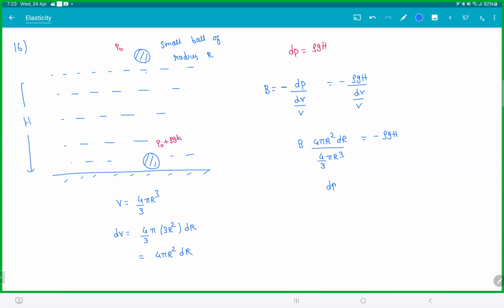So you end up with dr is equal to minus rho g h by 3B. Minus indicates it decreased. Yeah, expected. The radius of the ball should actually decrease.